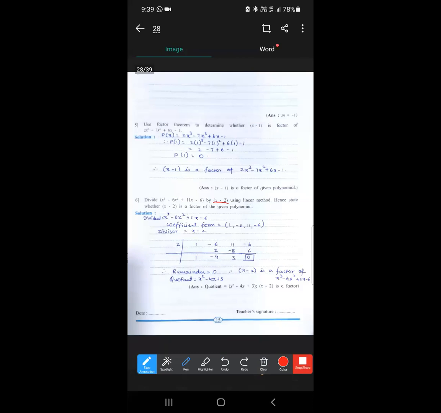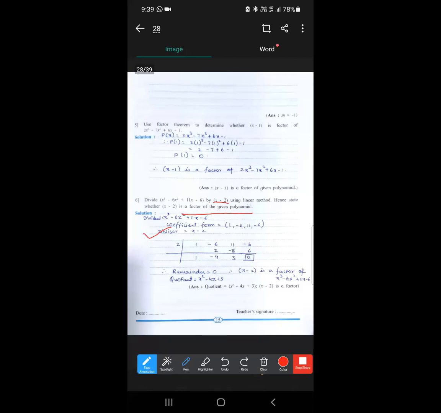Hence, state whether x minus 2 is a factor of the given polynomial. Here again, you have to check whether it is a factor or not. So here I have shown this example by synthetic division.